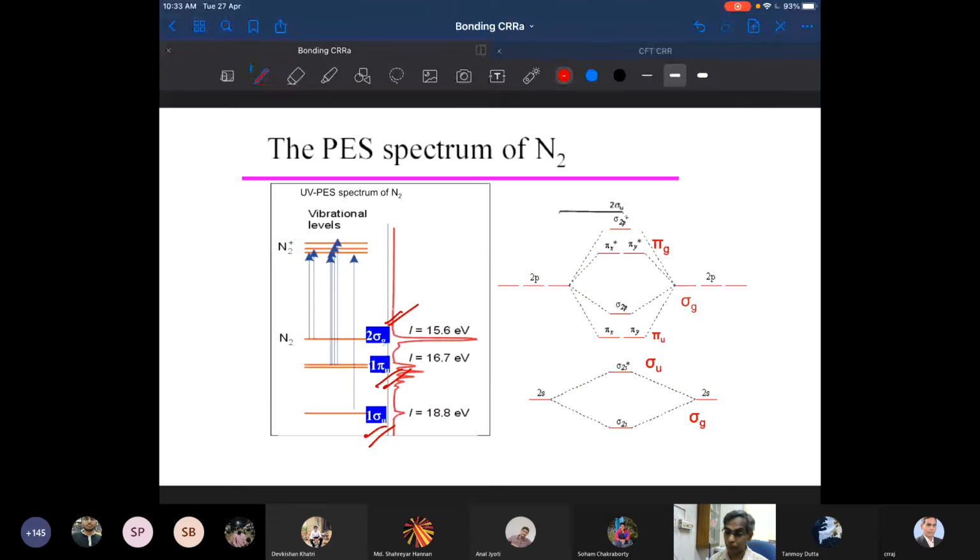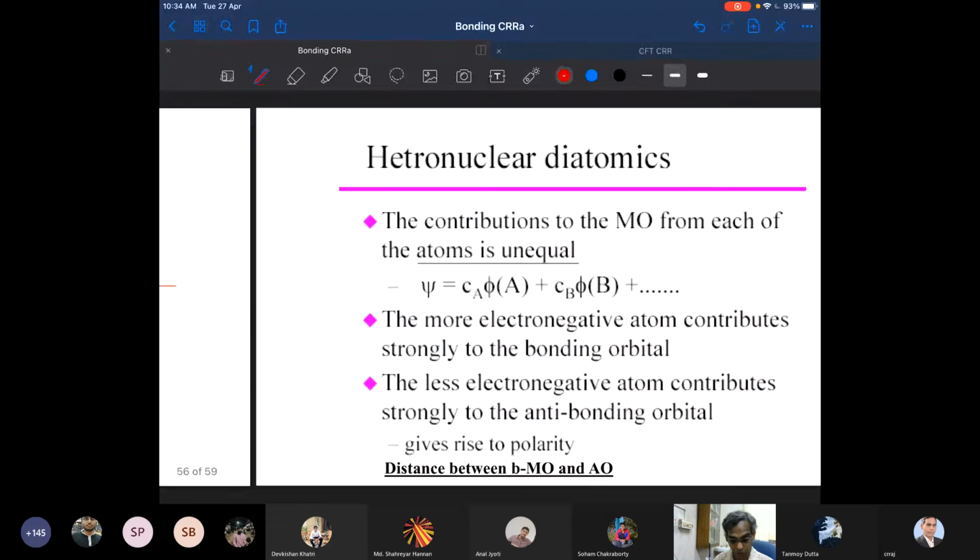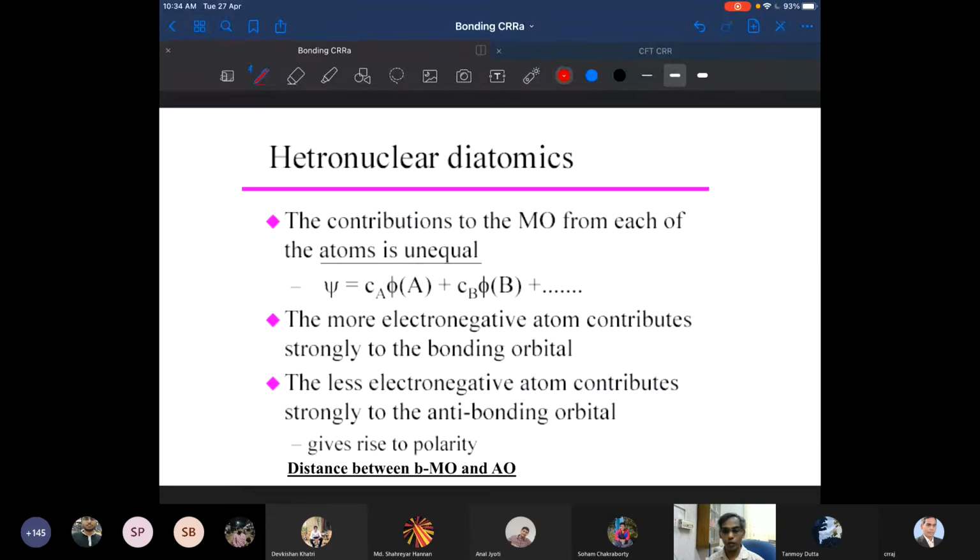No, it is not that. There are bonding and antibonding MOs. Each and every electron in the bonding and antibonding orbitals gives you a characteristic peak. So that's a very characteristic signature for your nitrogen or the molecule that you will be examining. Right. I hope you are with me.